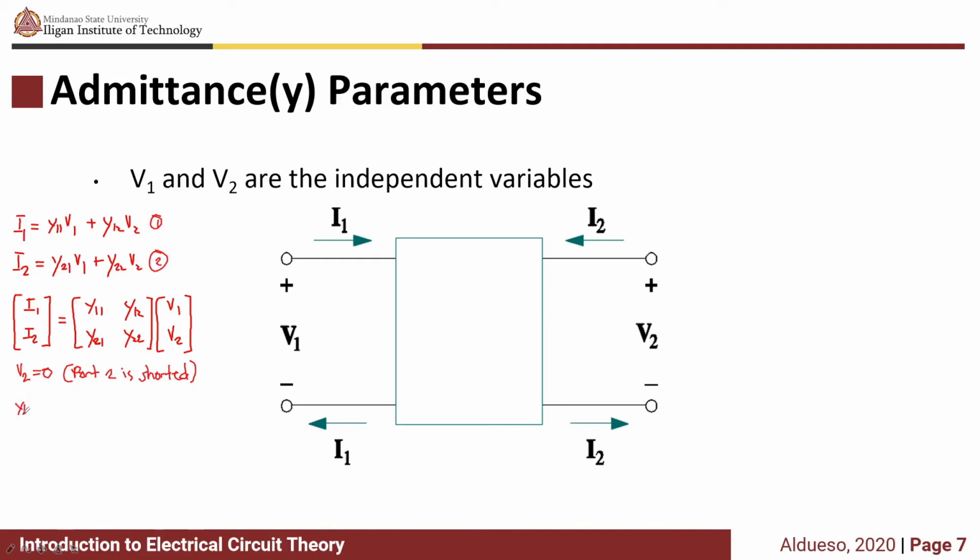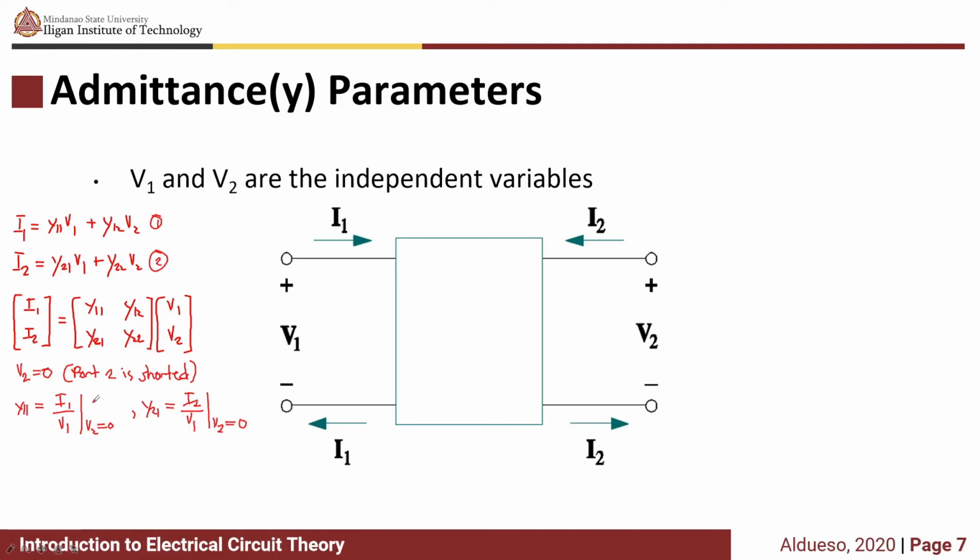So y11 equal to I1 over v1 with v2 equal to 0. And our y21 is equal to I2 over v1 with v2 equal to 0.